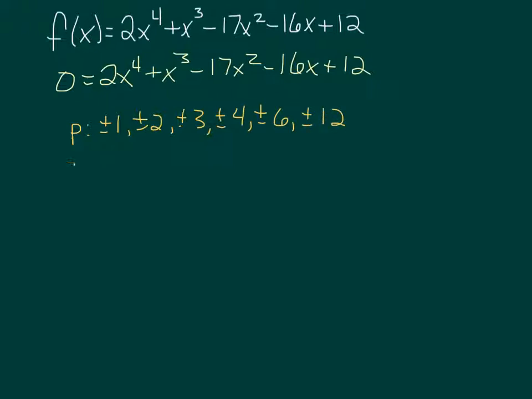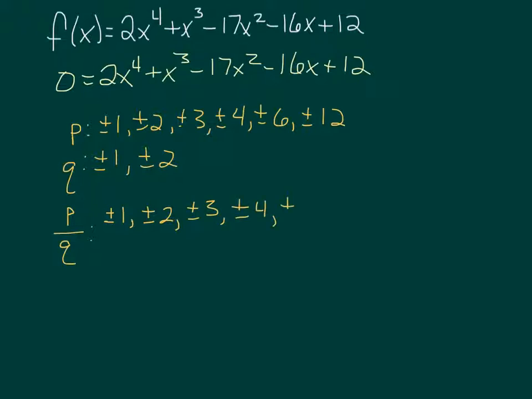Okay, and then the factors of the leading coefficient are plus or minus 1 and plus or minus 2. So for our possible rational zeros, we would have plus or minus 1, plus or minus 2, plus or minus 3, 4, 6, and 12.